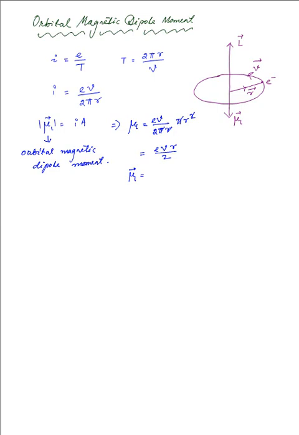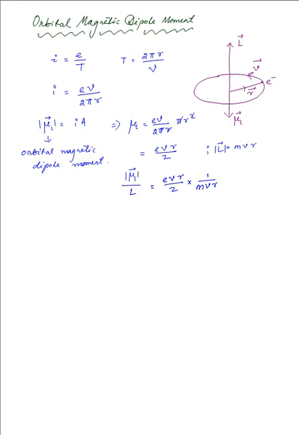L, as we know, is equal to m v r, and so here also we'll consider the magnitude as of now, and so we have the ratio of the magnitude of the orbital magnetic dipole moment to the angular momentum equal to e v r over 2 divided by m v r.